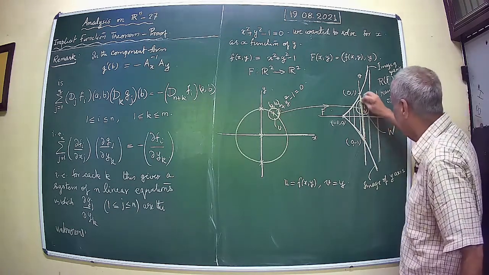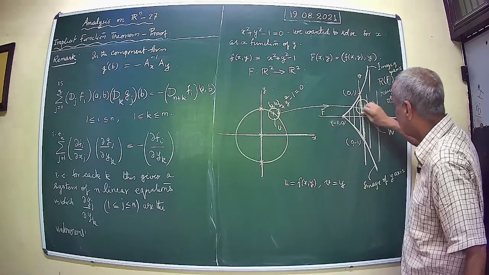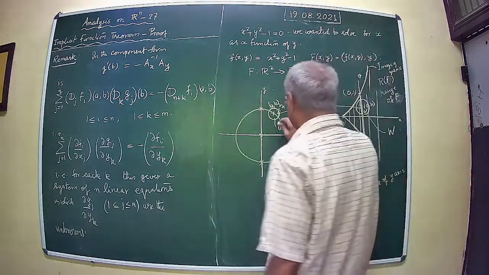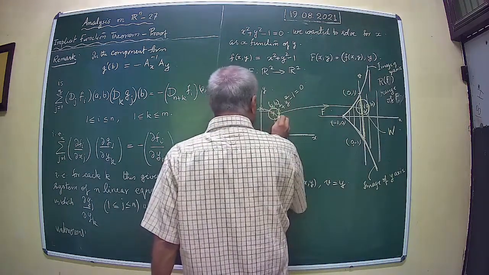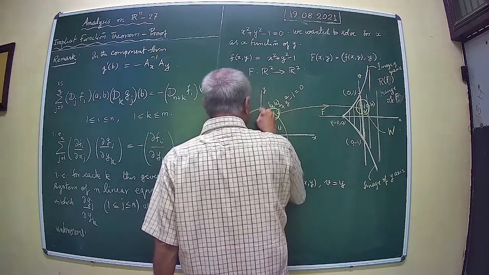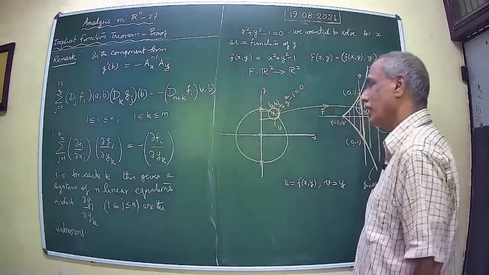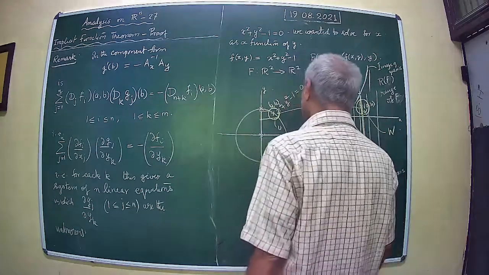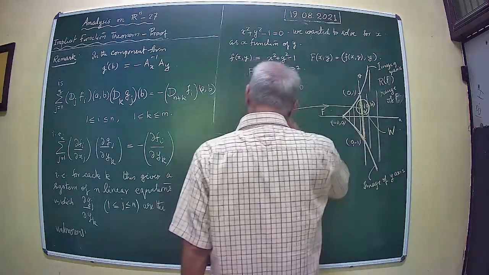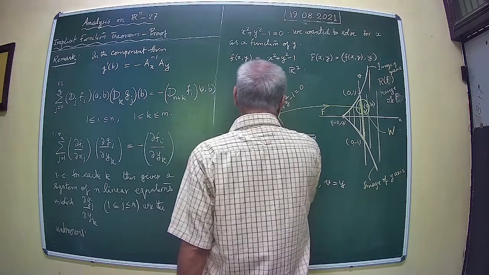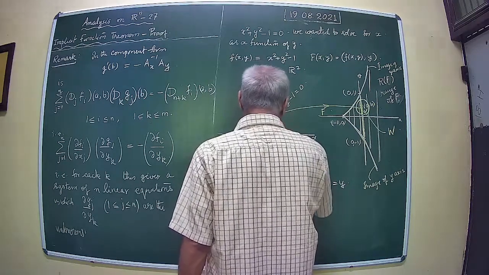This is the W portion, this interval, and there is the corresponding interval here, and this is the corresponding interval. So this is the image of W. Okay, so corresponding to each y, it is mapped onto an x.